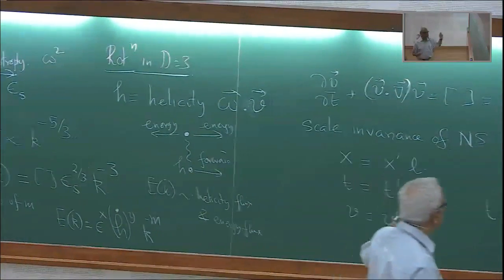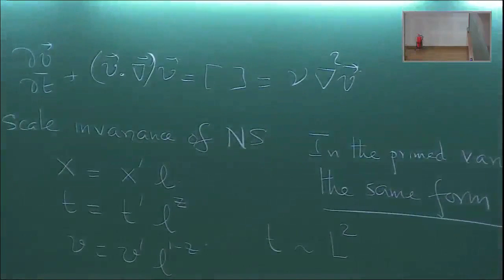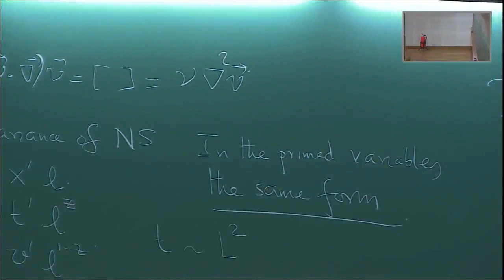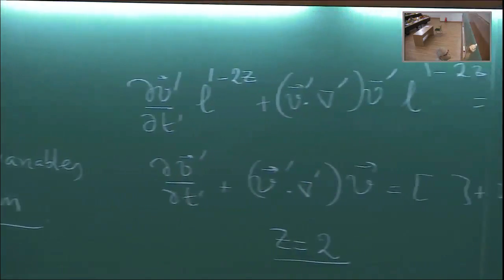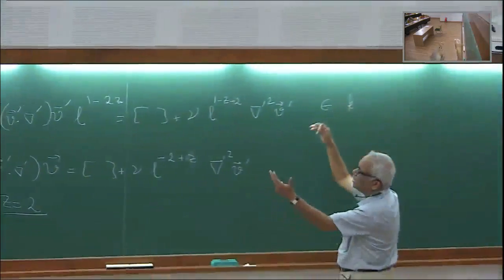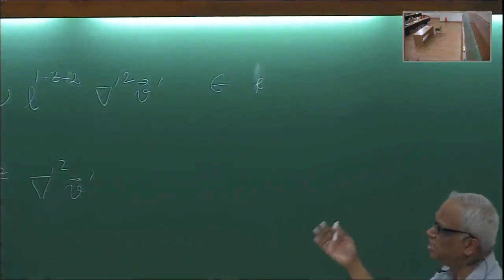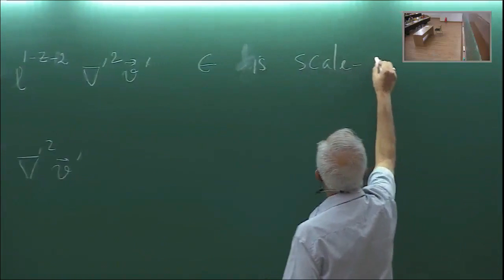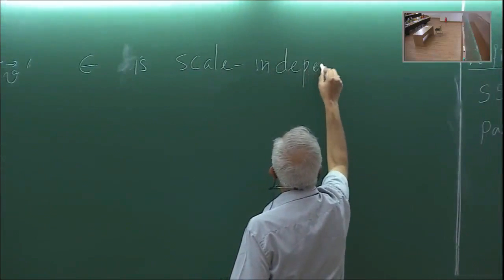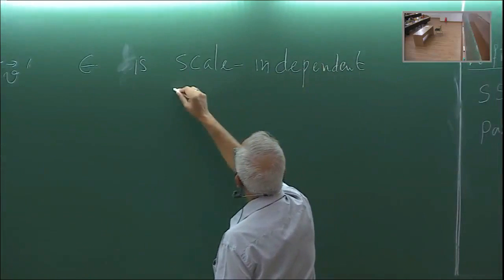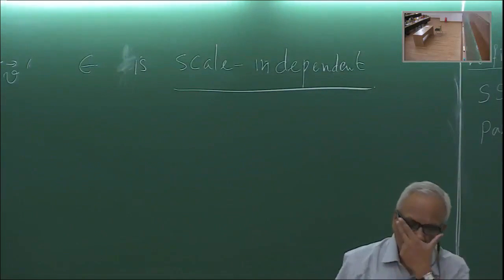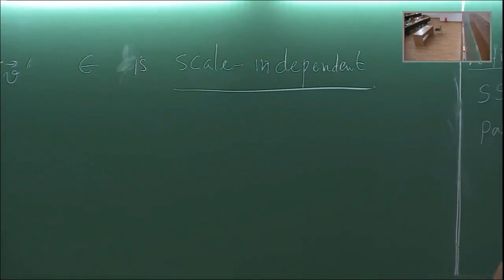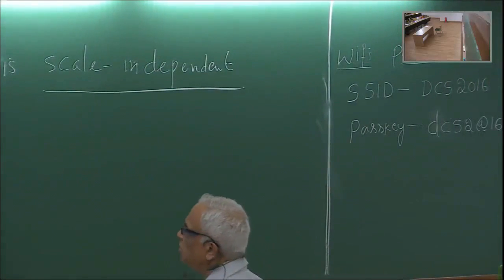However, when it is this turbulent Navier-Stokes equation, I have an extra constraint. The constraint is that the energy transfer rate, epsilon, the dissipation rate, injection rate, is scale independent. This is an additional constraint that turbulence puts on you.